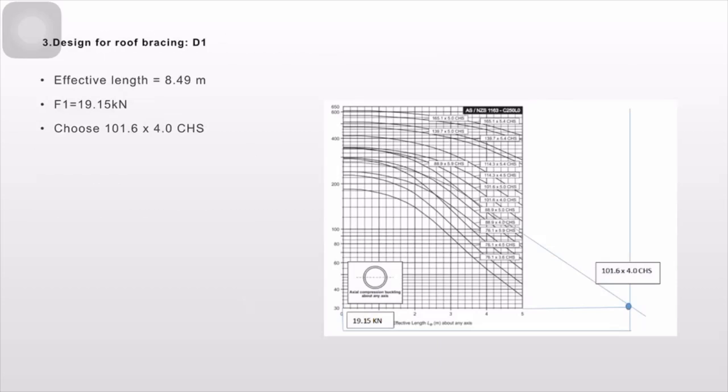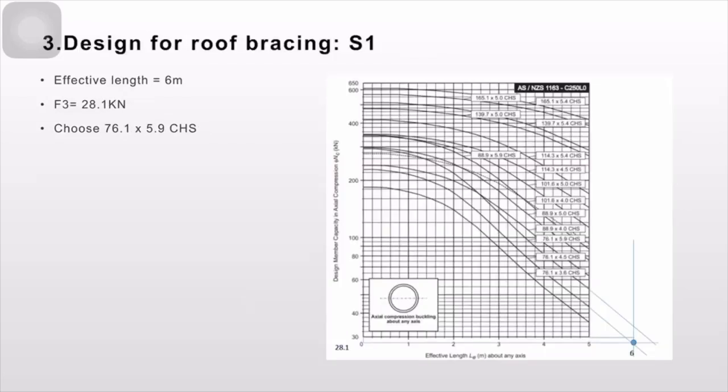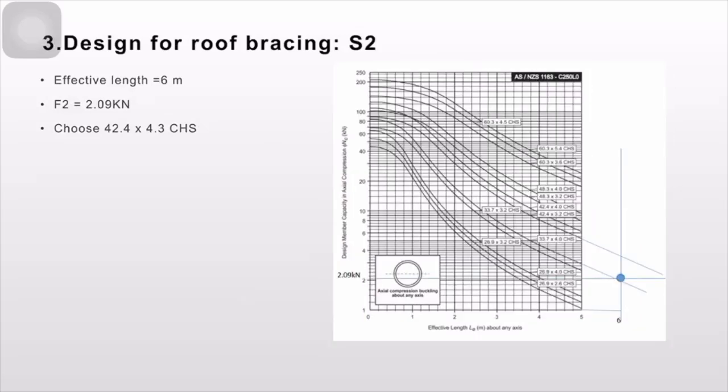For the first part, we need to calculate D1, and because the effective length is equal to 8.49 meters and F1 is equal to 19.15, we choose the section 101.6 times 4 CHS, and then we choose the section 76.1 times 5.9 CHS for S1, and 42.4 times 4.3 CHS for S2.